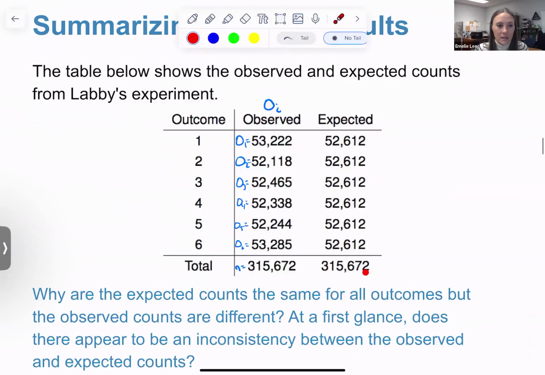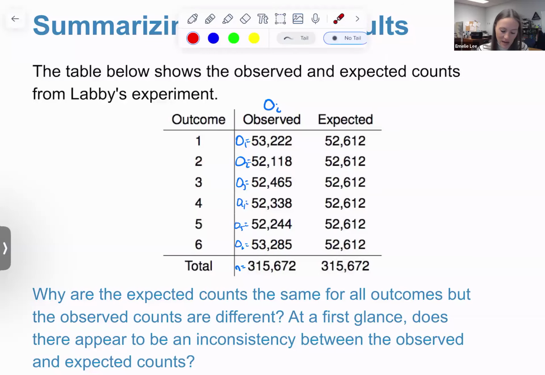That's your N. That's how many times a die was rolled. We spread this evenly across the 6 categories. That's going to be our expected count, and our goal is to compare the observed versus the expected.